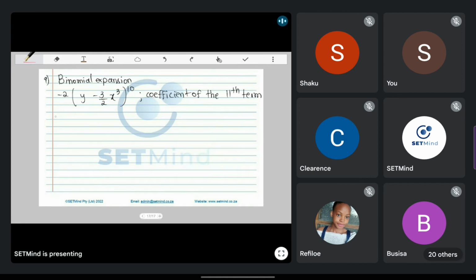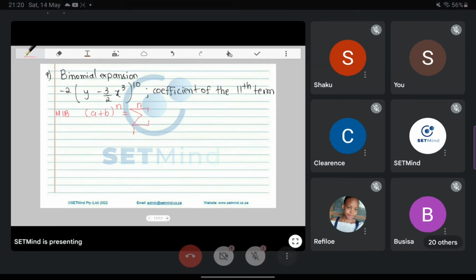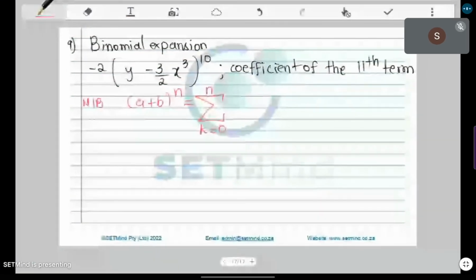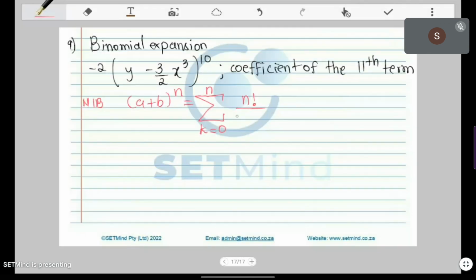So if you have a plus b to the power of n, you can expand this by taking the summation from k is 0 to n, of n factorial over n minus k factorial times k factorial.